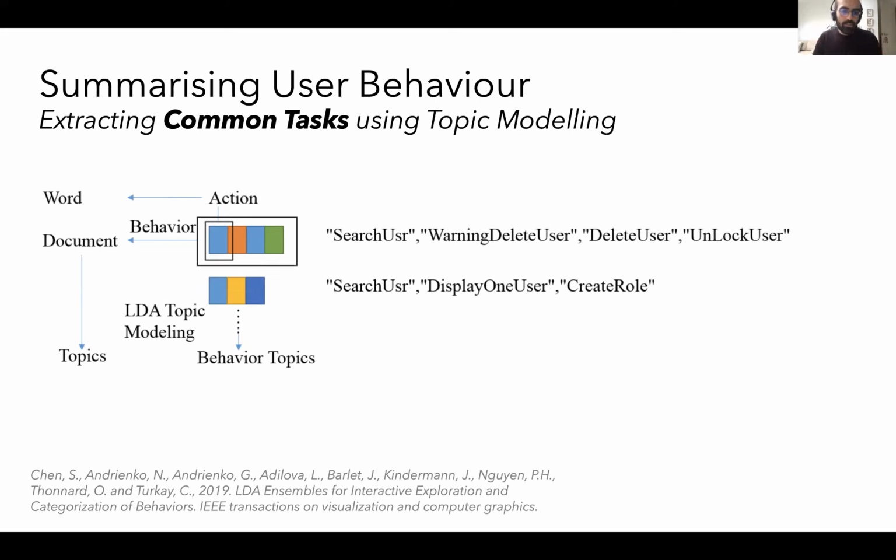So we went into using some computational techniques to extract high-level abstractions of the data. We used a topic modeling technique coming from document analysis to extract some high-level tasks from the atomic actions that people are doing. So we try to find these sequences that are regularly emerging in the data.